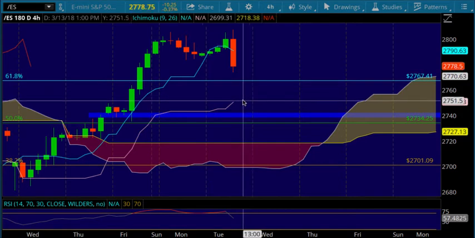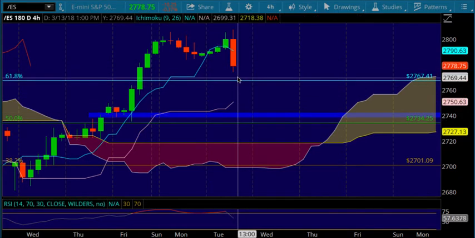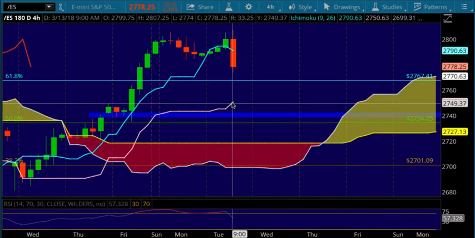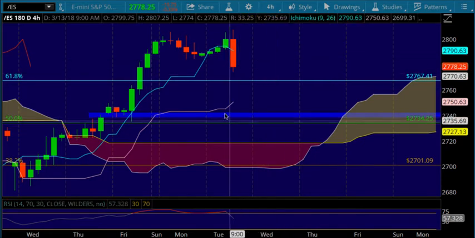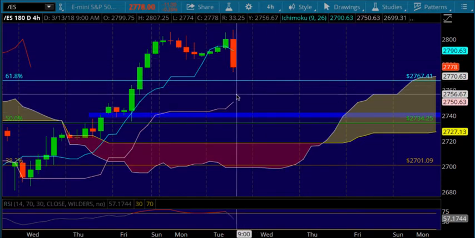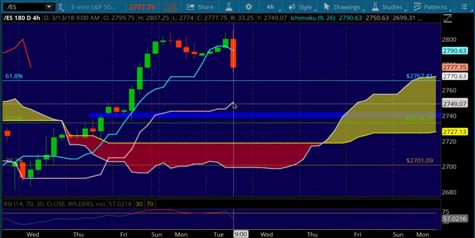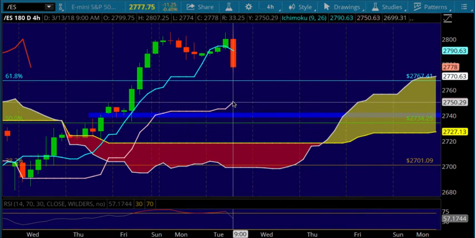So if we continue to move lower, we can look for potential support at the Kijun-sen, which is currently at 2750.63. As we move through more candles, these levels will change. The Tenkan-sen and the Kijun-sen levels will change. They always do. Well, they don't always. They could go flat as well and stay at the same level.